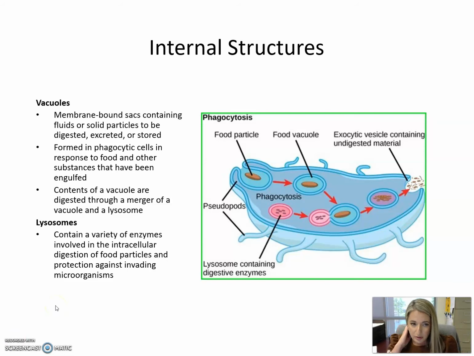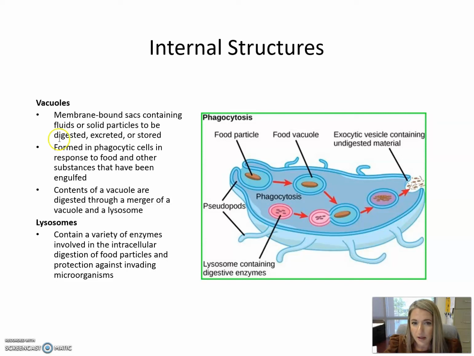Two other structures, these two kind of work hand in hand, vacuoles and lysosomes. Both of these structures are membrane-bound organelles, so both are found in eukaryotic cells only. These two structures act almost like the digestive system in a cell. Vacuoles serve the role as storage components.